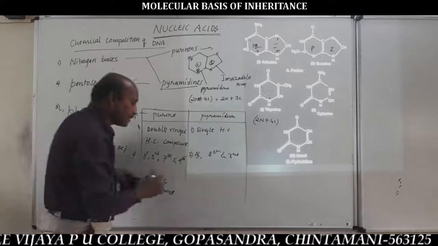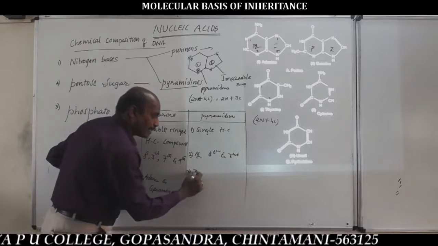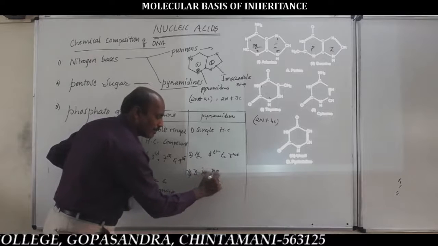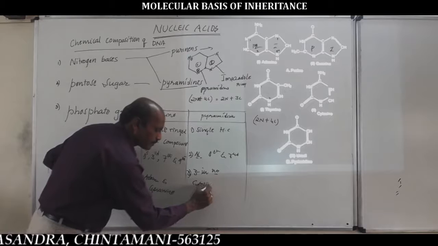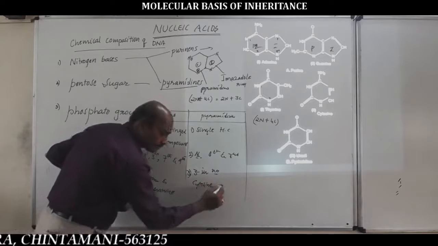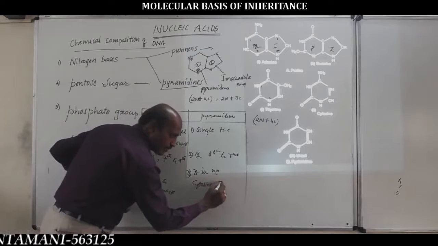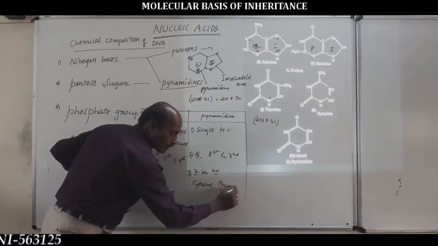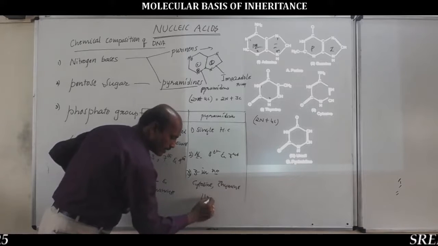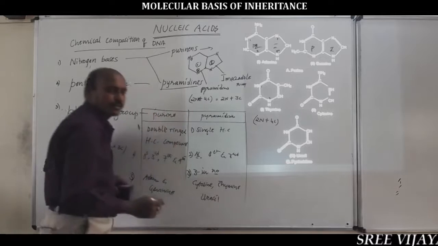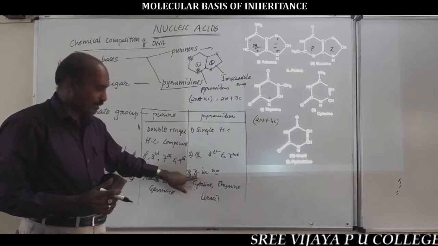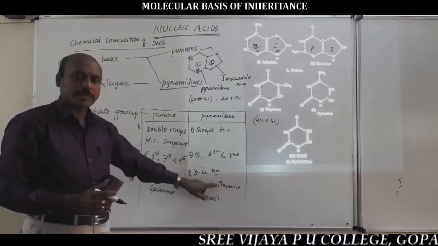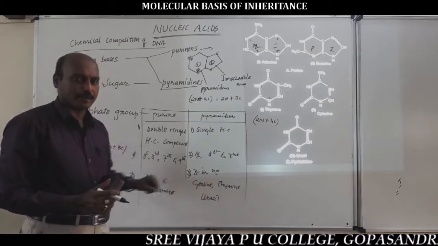Pyrimidines are 3 in number, like cytosine, thymine, and uracil.